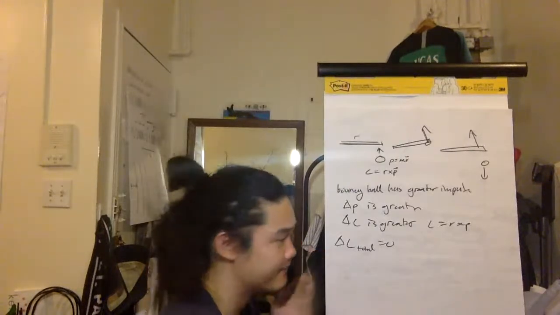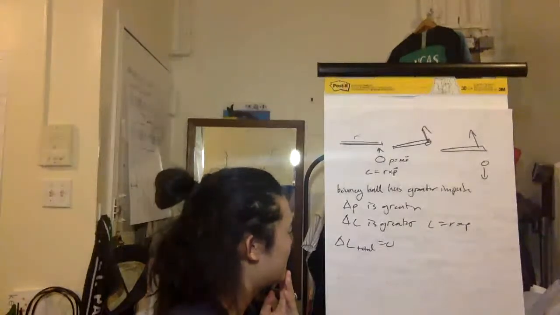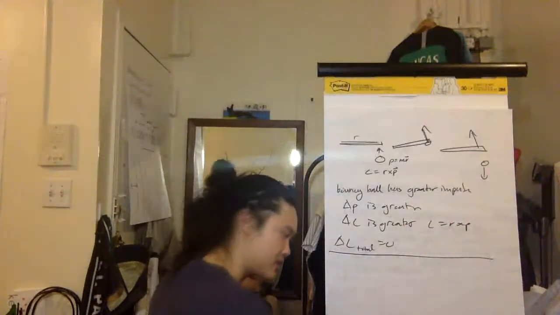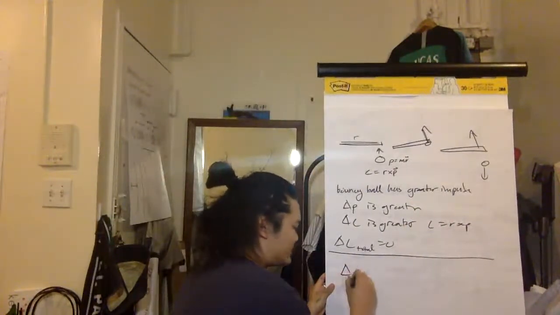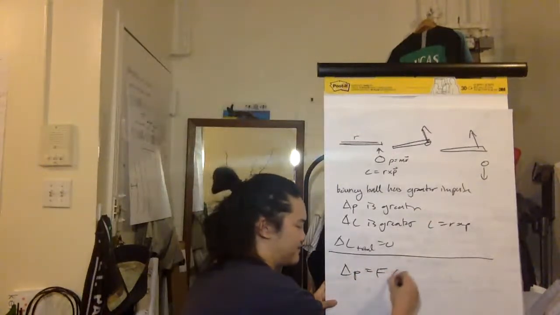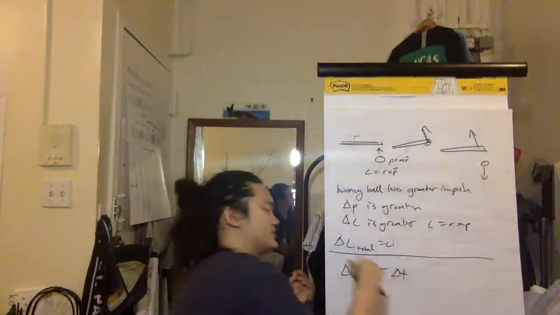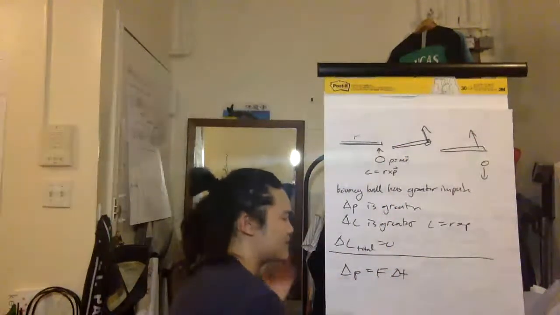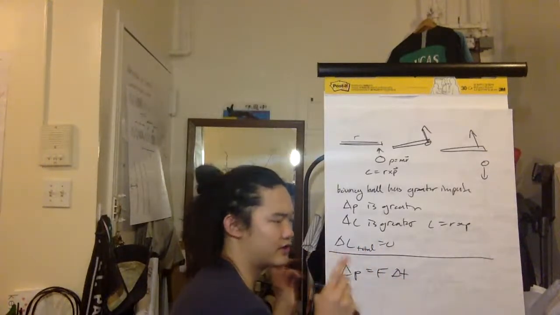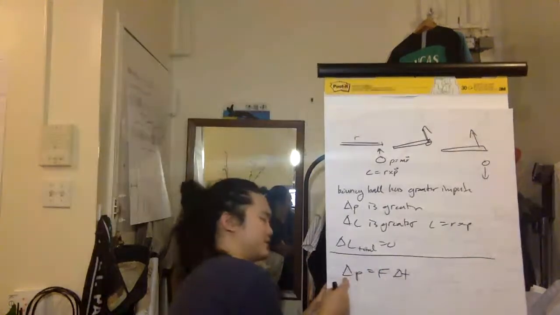That's the first explanation. The second explanation is to say, assuming both types of collisions take the same amount of time, change in momentum equals force times time, right? So if the sticky collision and the bouncy collision took the same amount of time, then the door exerted a greater force on the ball during the bouncy collision, because the bouncy collision had a greater impulse in the same time.